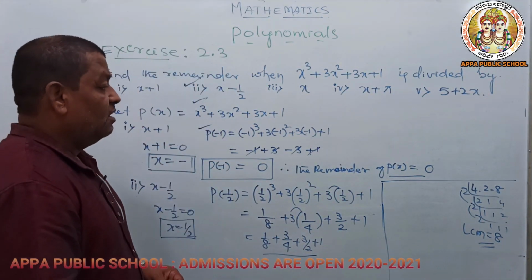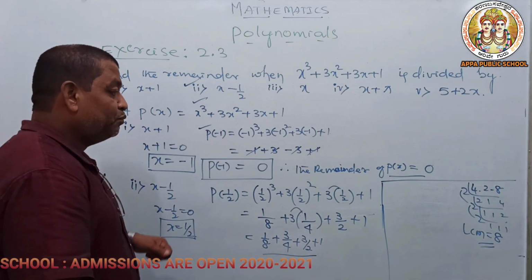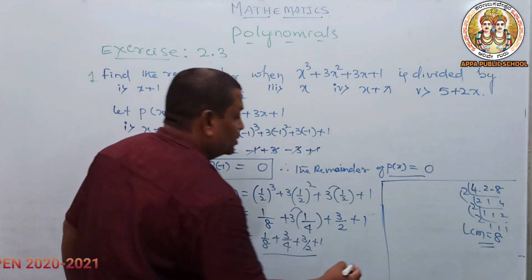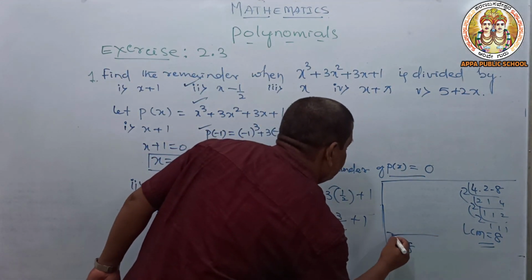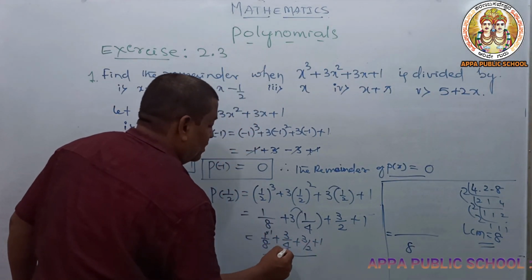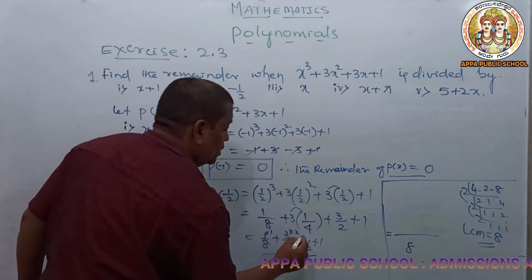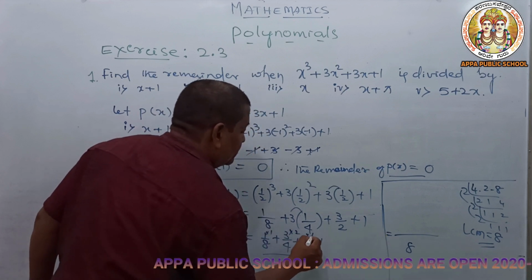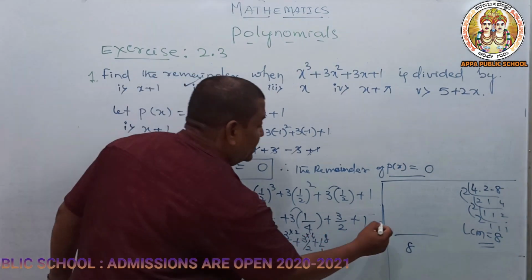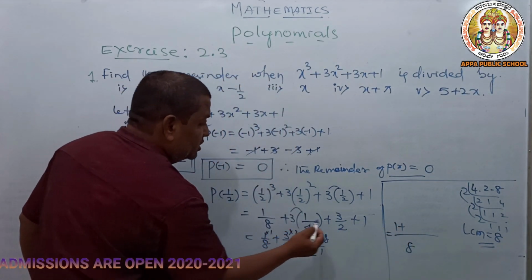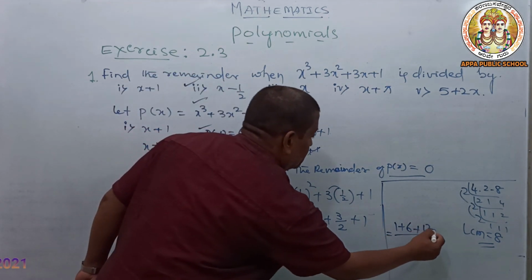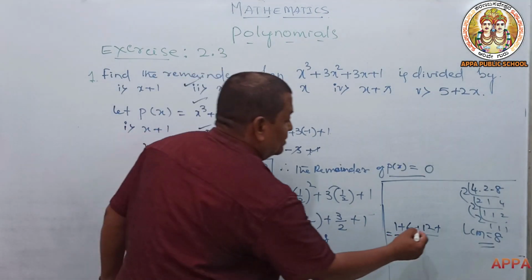Okay, what is next? After finding the LCM, we need to find the answer of this addition. LCM 8. 8 divided by 8, what is this? 1. 4 2s are 8, so 2. 2 4s are 8, so 4. 1 means 1. 1 8s are 8. Now multiply: 1 1 is 1, 3 2s are 6, 3 4s are 12, and 1 8 is 8.